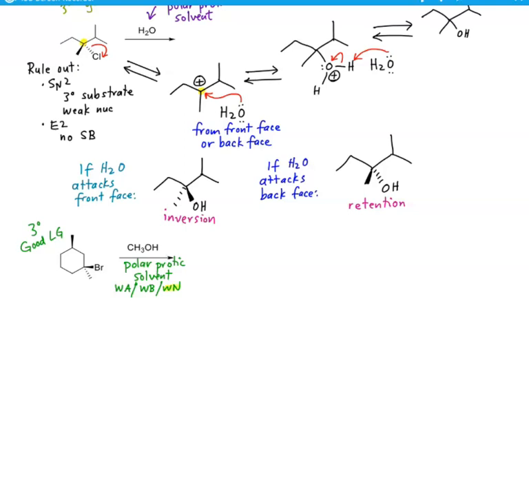The fact that it's a weak nucleophile suggests less or no SN2. The fact that it's a tertiary substrate also suggests no SN2. And so we have a substrate dissolved in a polar protic solvent by itself. So like we've seen in all these other examples, that's a solvolysis reaction.